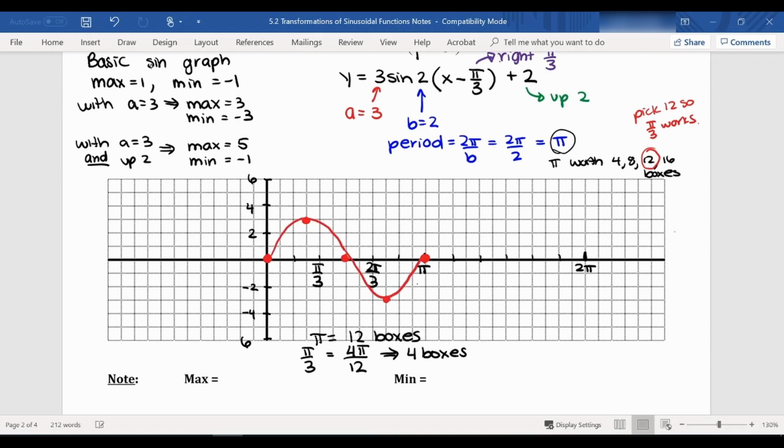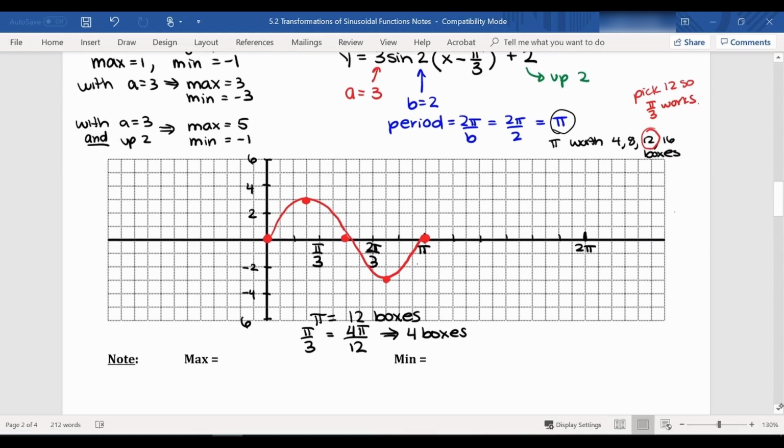Okay, so the first one I've drawn here, okay, my first graph in red is sine x after change in amplitude and period.